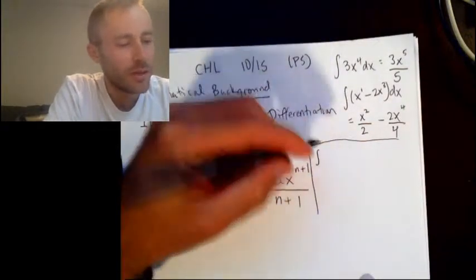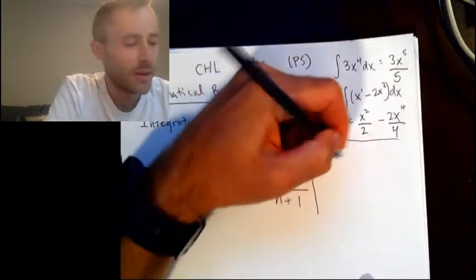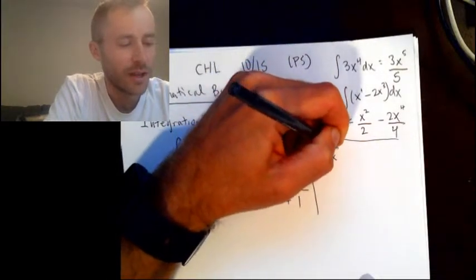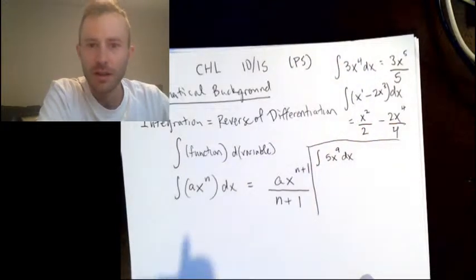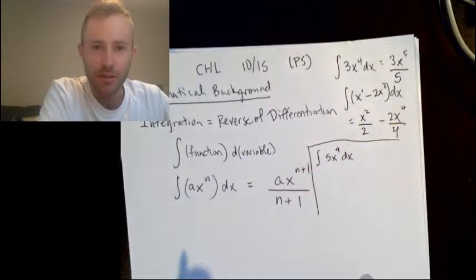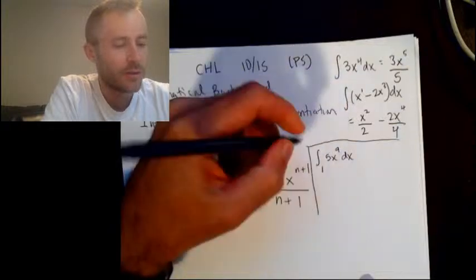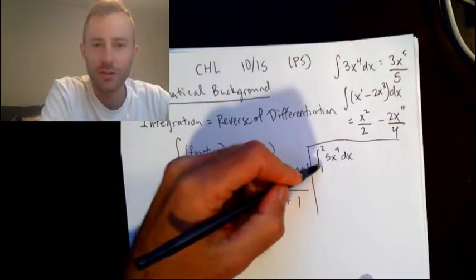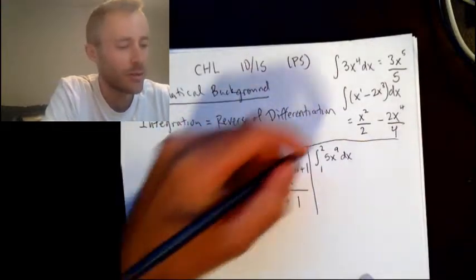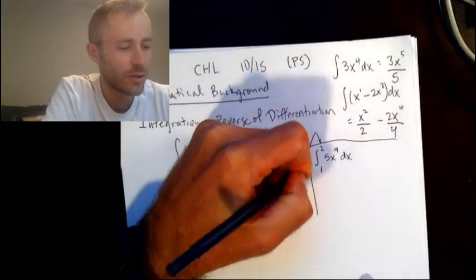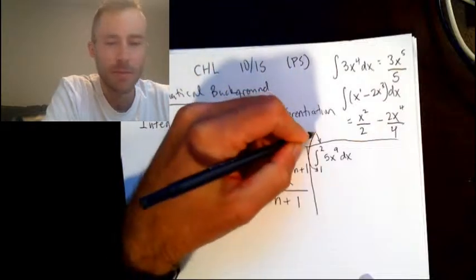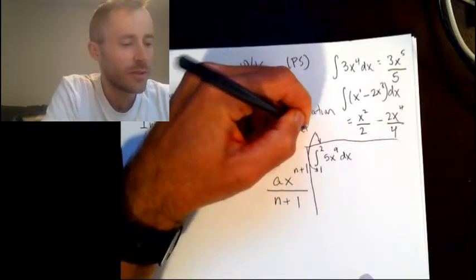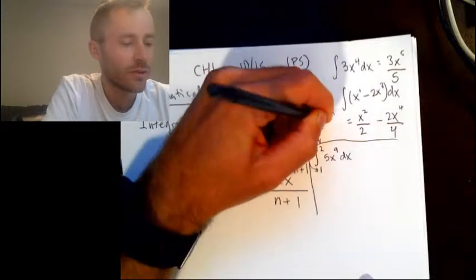So maybe I have the integral of 5x to the 9th dx, and maybe I integrate it from 1 to 2. This is called a definite integral whenever you have these numbers.